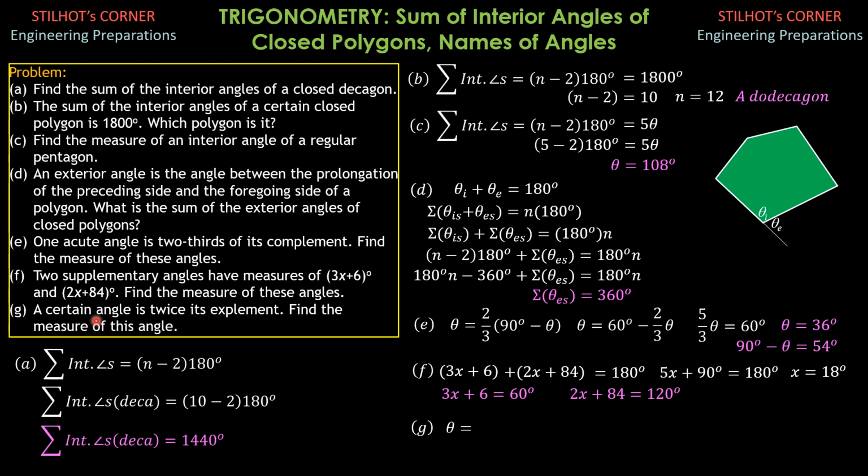So theta equals 2 times the quantity 360 degrees minus theta. Expanding the right side, theta equals 720 degrees minus 2 theta. Combining with theta, 3 theta equals 720 degrees. Therefore, theta is 720 degrees over 3, and that is 240 degrees.